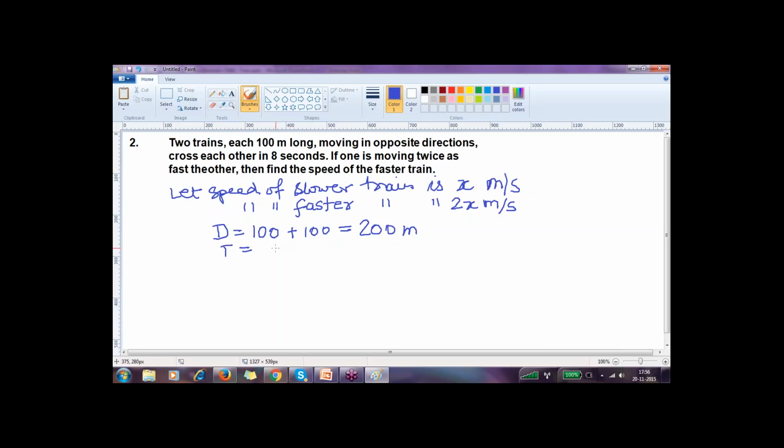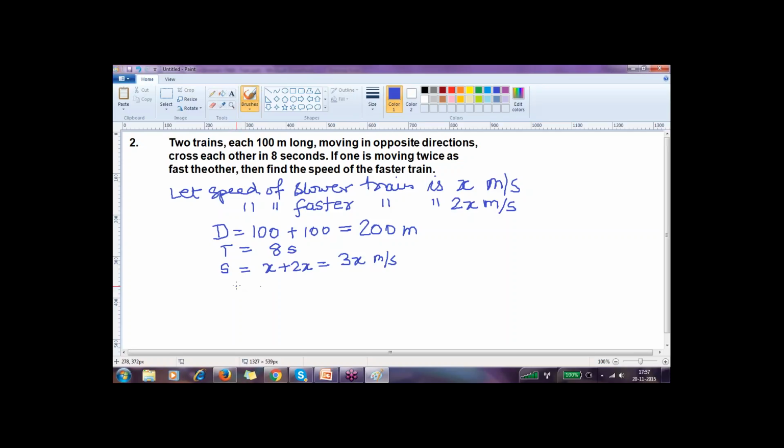Time is equal to 8 seconds. What is the speed? Both the speeds will get added, so you have x plus 2x is equal to 3x meters per second. Now units are matching. I don't need to do any conversion.